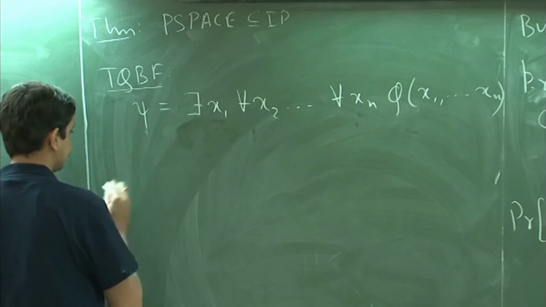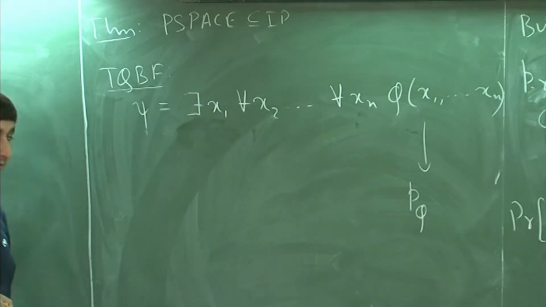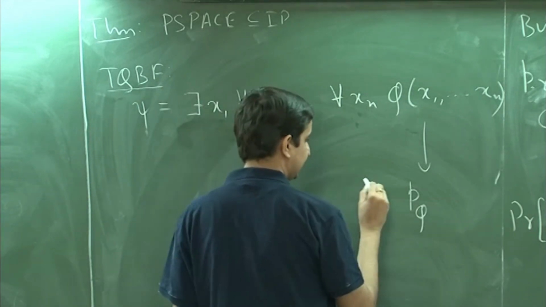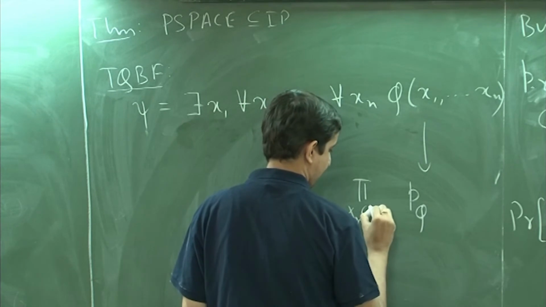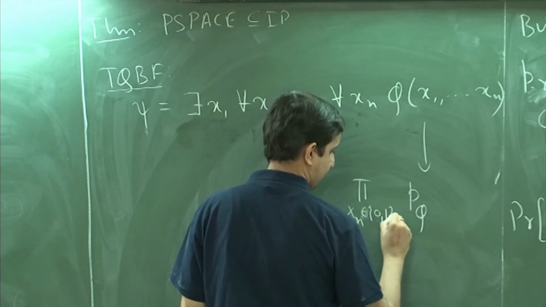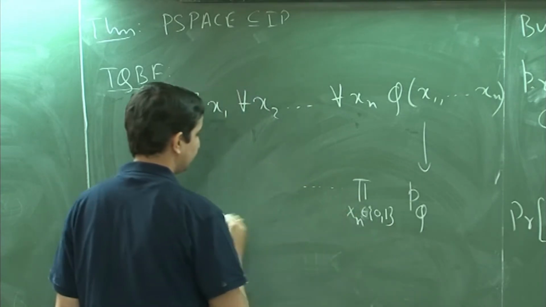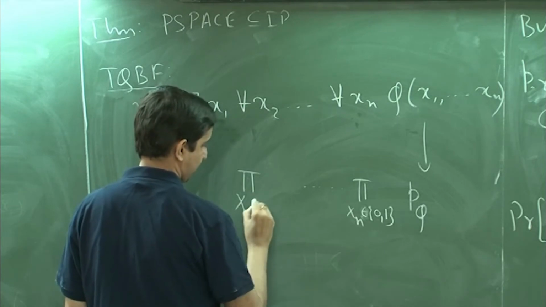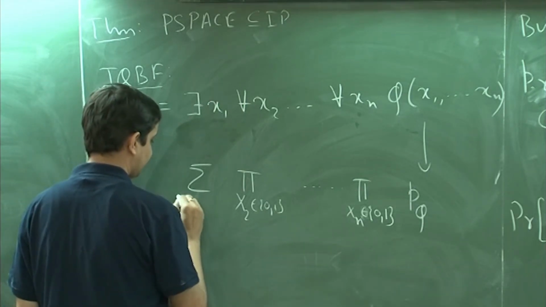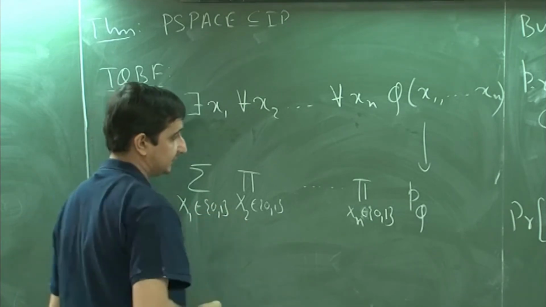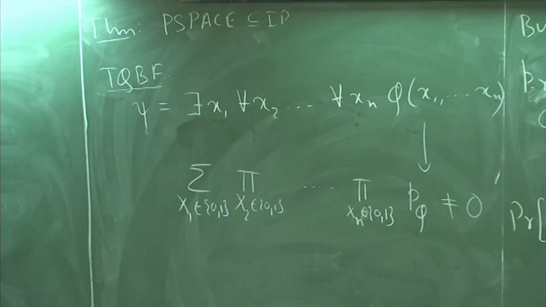From phi we construct our polynomial P phi, and for the for all quantifiers I consider the product over x1 coming from 0, 1, and for there exists quantifiers I can again look at it as x1 being summed over 0, 1, and then our goal is to show that this is not equal to 0, because we want all true formulas.